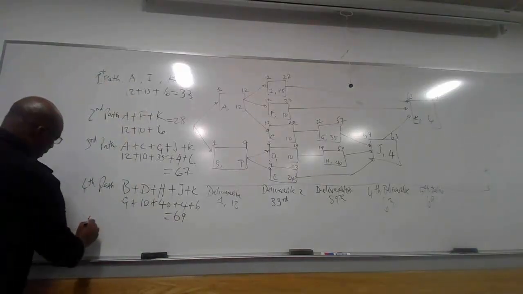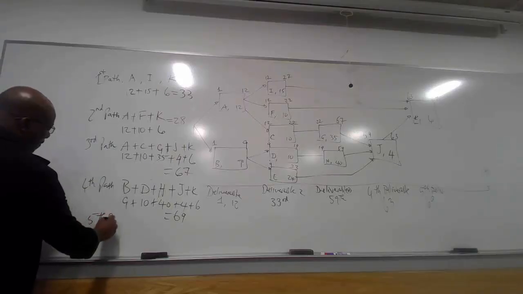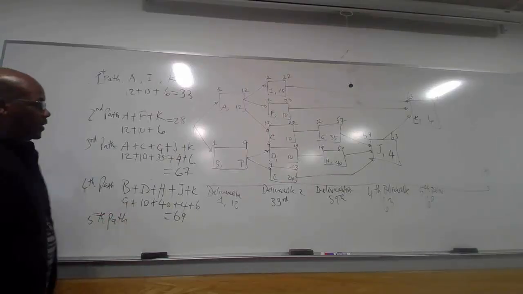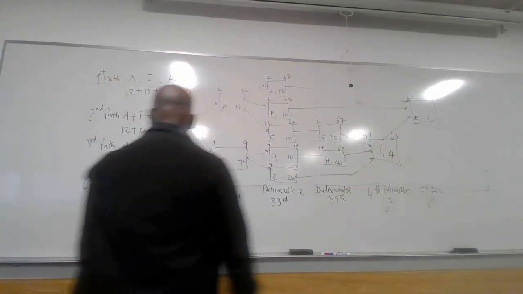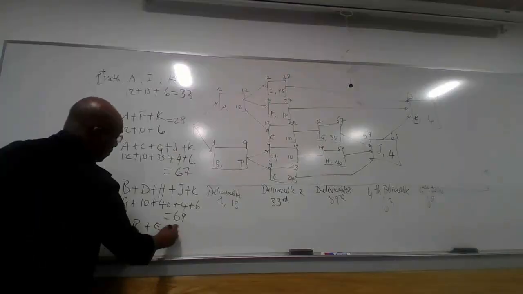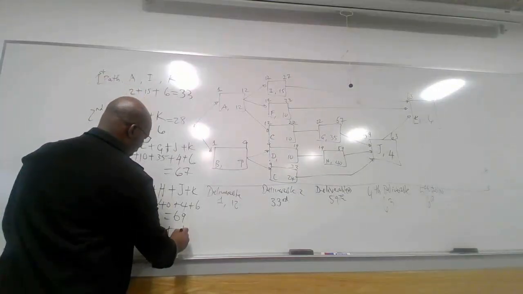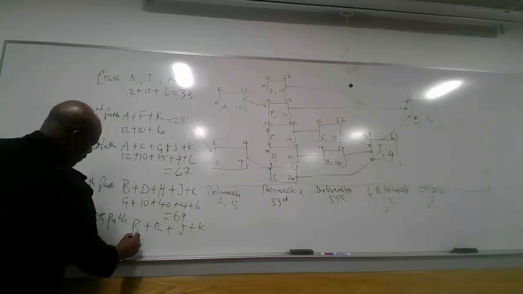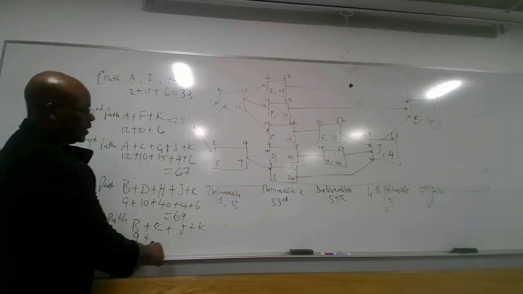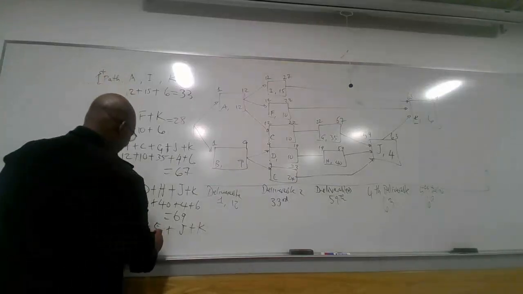And now we're going to look at the last path. The last path will be B, E, J, and K. So we have E plus J plus K. So here we have 9, and E we have 24.